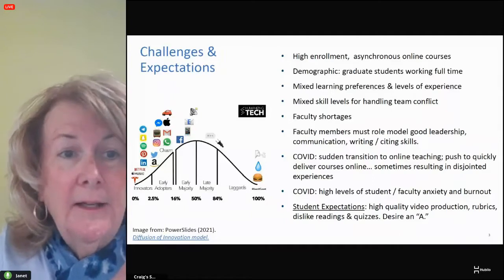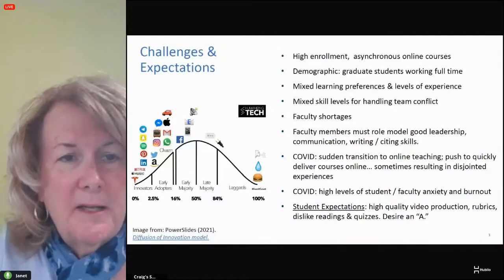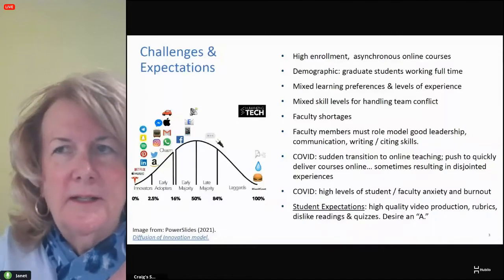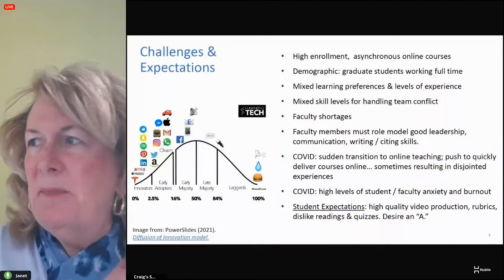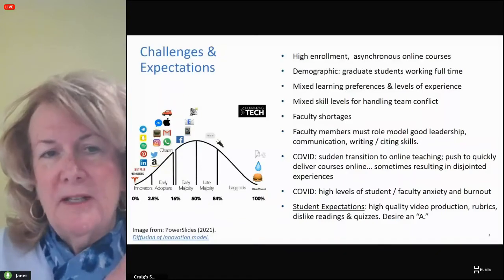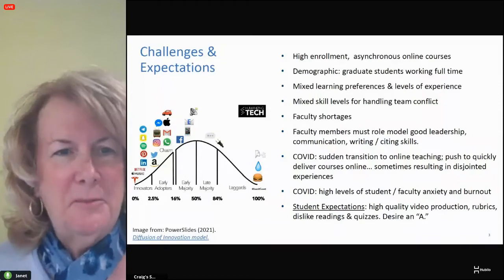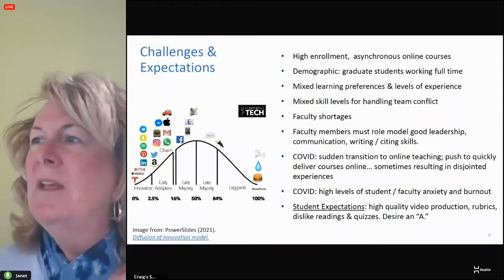Thankfully, I had about 20 years of experience that I could help some of my faculty members and colleagues be able to get up to speed. But that said, I mentioned it's an iterative process and things change pretty quickly all the time, and we have to be ready to adapt.